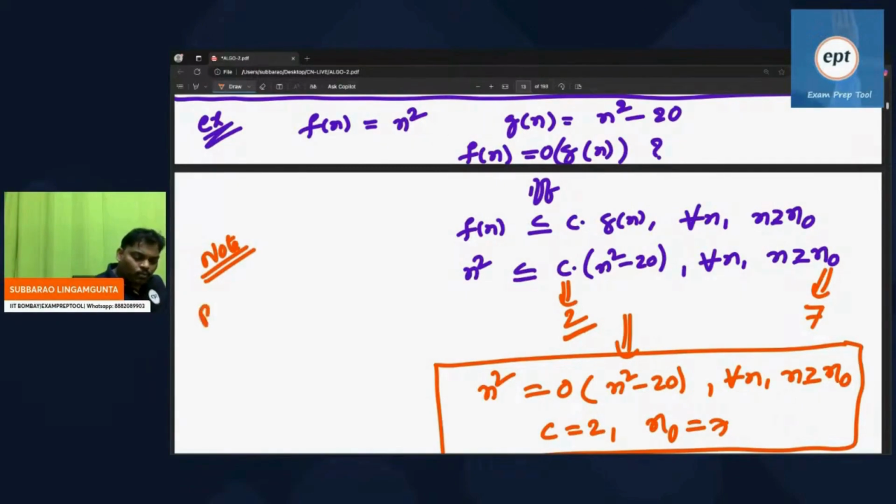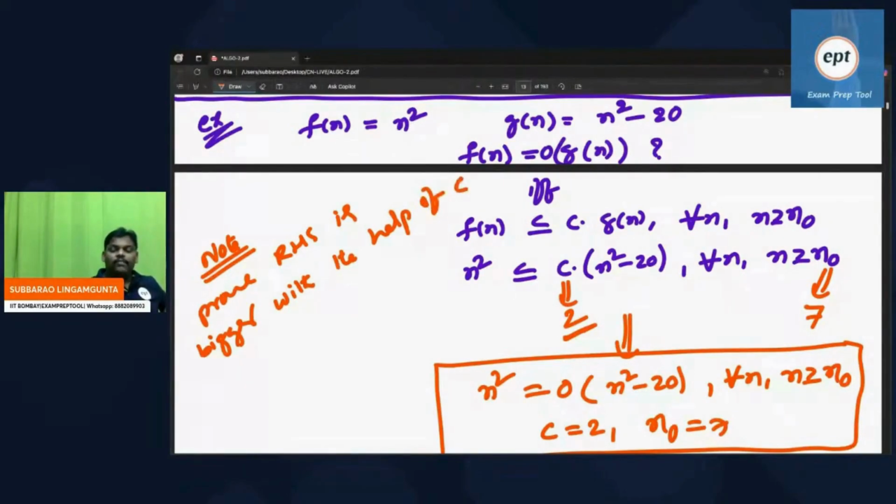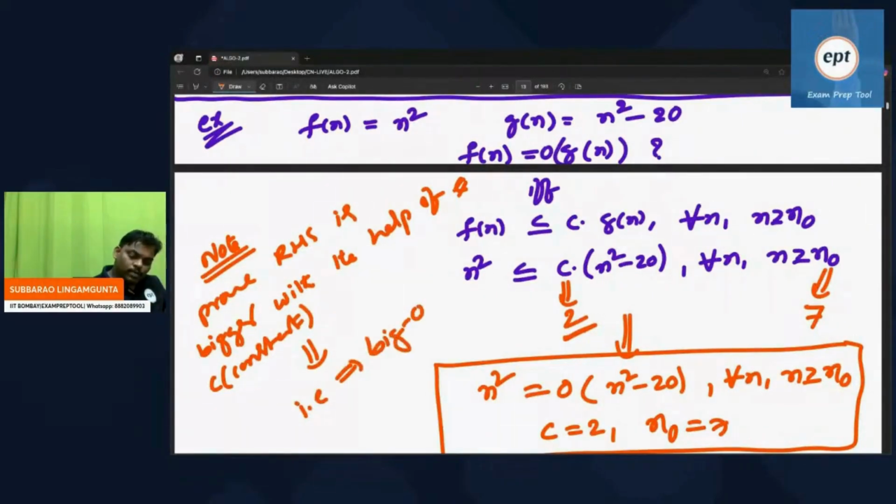Prove that the right hand side is bigger with the help of C, which is a constant. That is the meaning of big O.